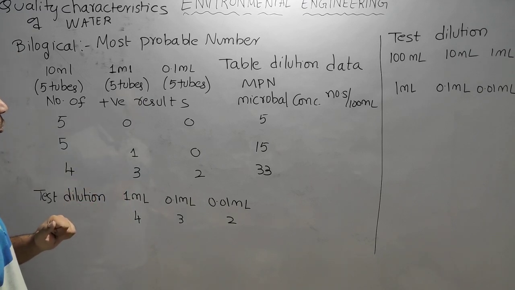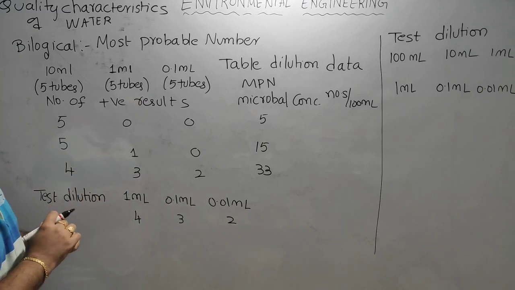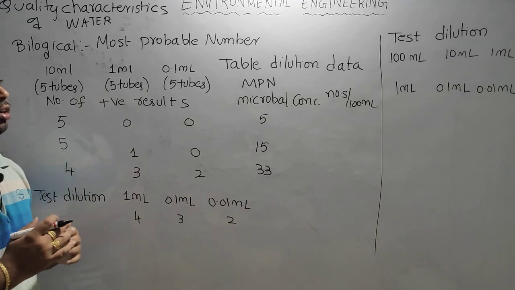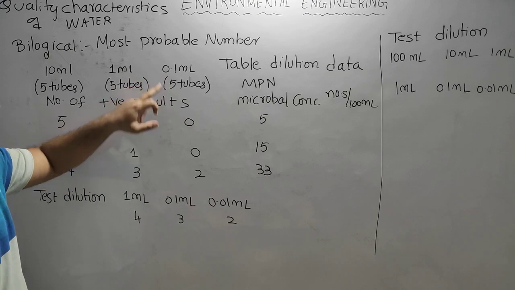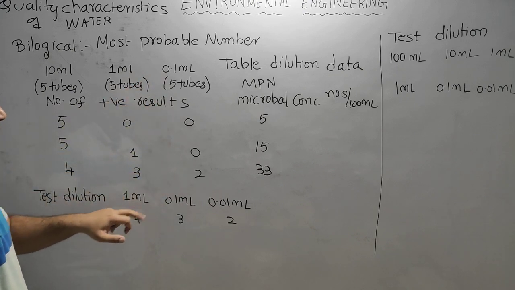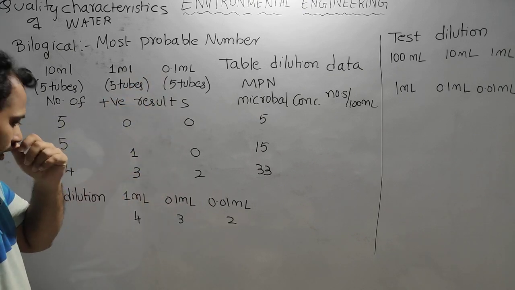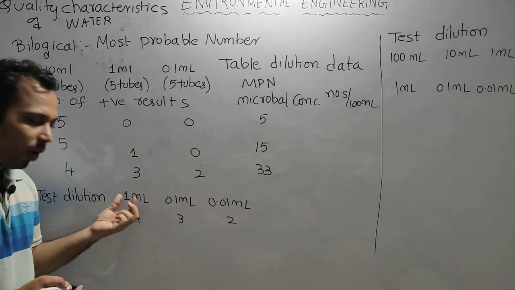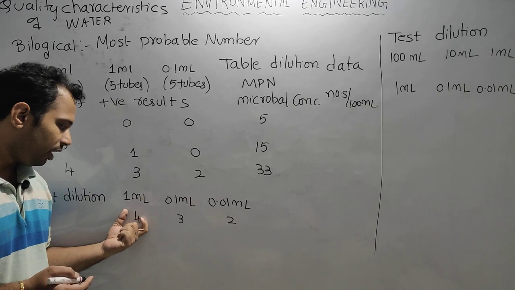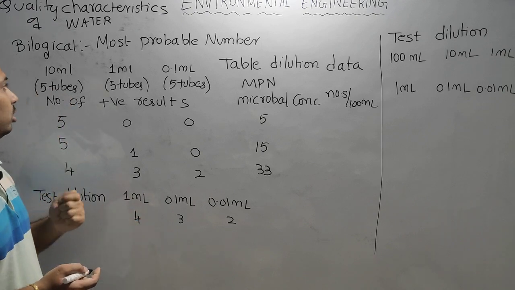Now tell me where the microorganism concentration is more. In 0.1 ml we got 2 positives here, and in 0.1 ml we got 3 positives here. That means here we are taking a lesser quantity but getting more positives.